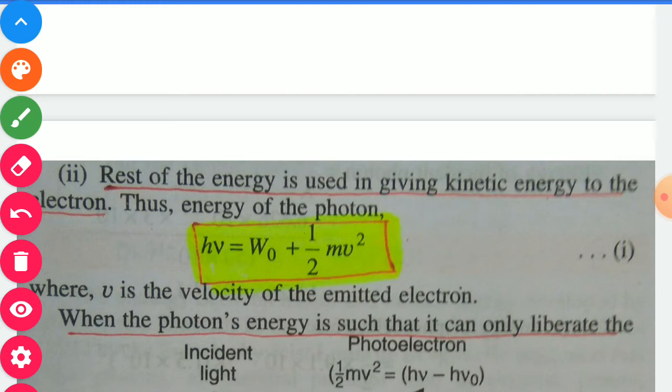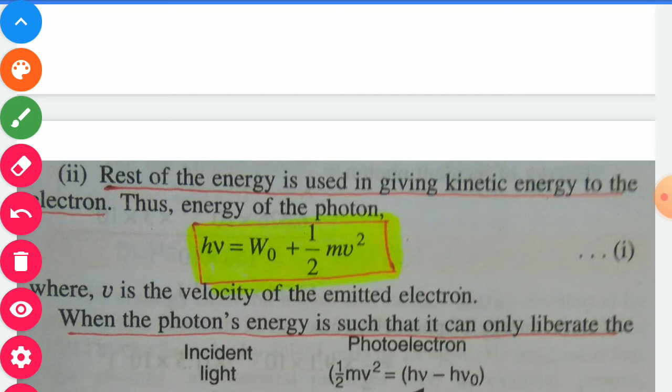Means if the energy of incident light is much more as compared to the binding energy, at that time the electron ejects as well as achieves kinetic energy.